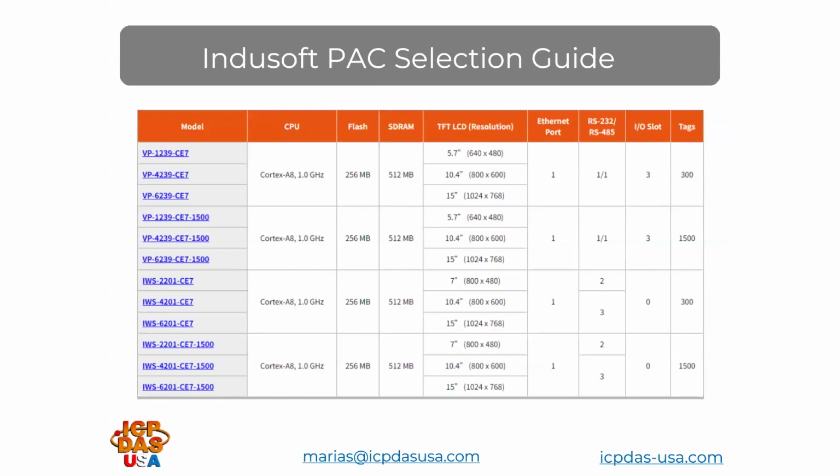All of our InduSoft packs have Ethernet ports, serial ports, a Cortex A8 1.0 gigahertz CPU, and a WinCE 7.0 operating system pre-installed on the onboard flash memory, along with an InduSoft Web Studio runtime license. You can also run other programs like I mentioned, and the ViewPAC controllers have I/O slots so they can hold I/O or communication cartridges for expandability.